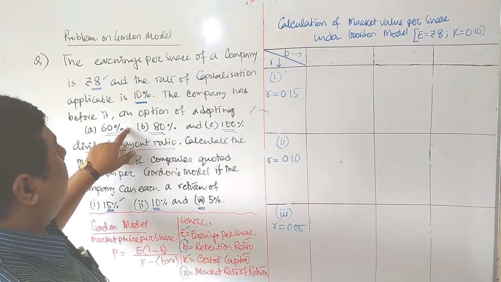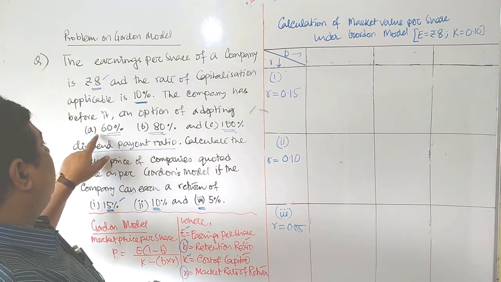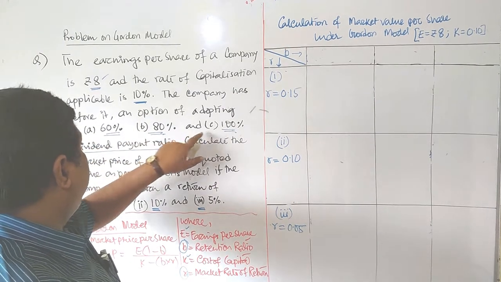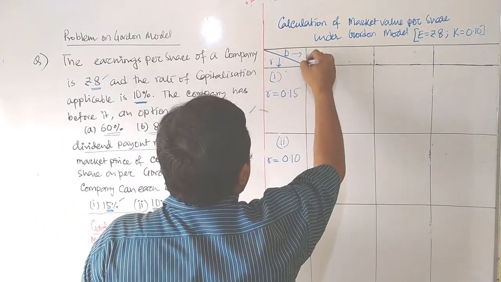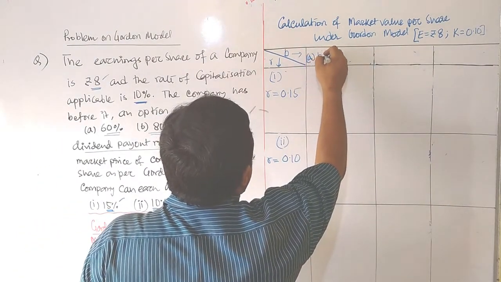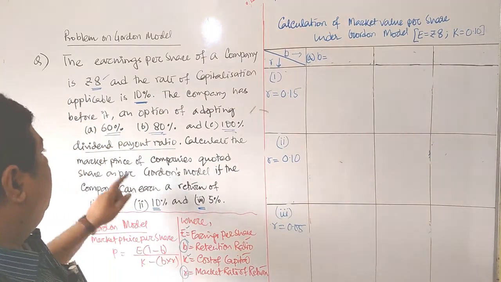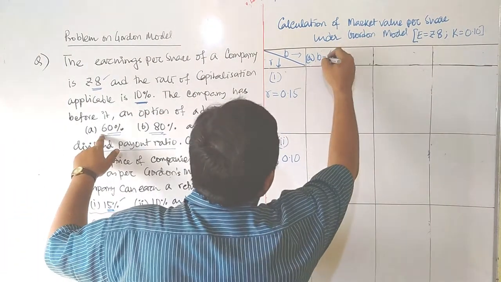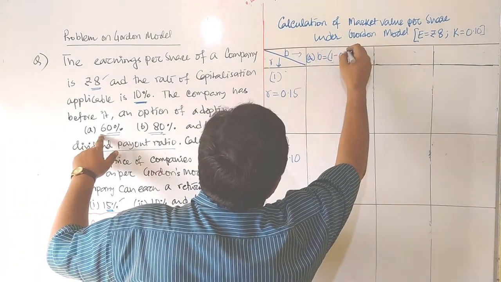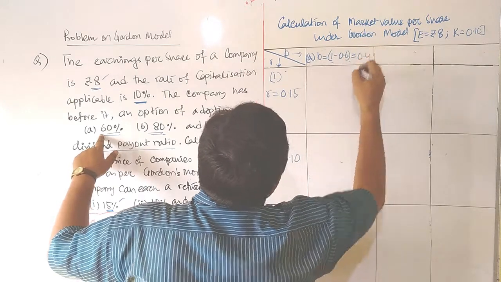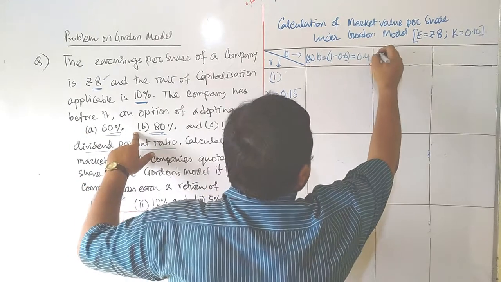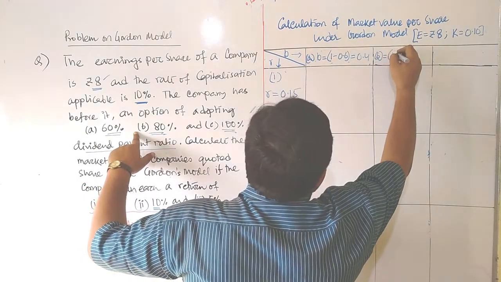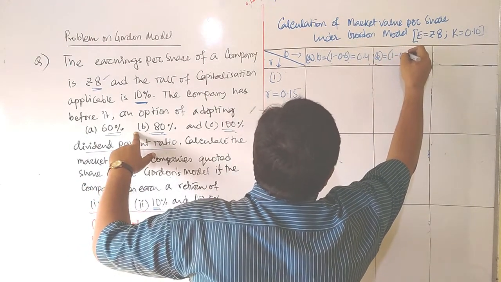Next, dividend payout ratio is specifically mentioned in 3 options, option A, option B and option C: 60%, 80% and 100%. Say option A, our B, retention ratio must be 1 minus 60%. Since 60% is payout, 1 minus 0.6, we are getting over here 0.4. In option B, similarly, it should be 1 minus 0.8.